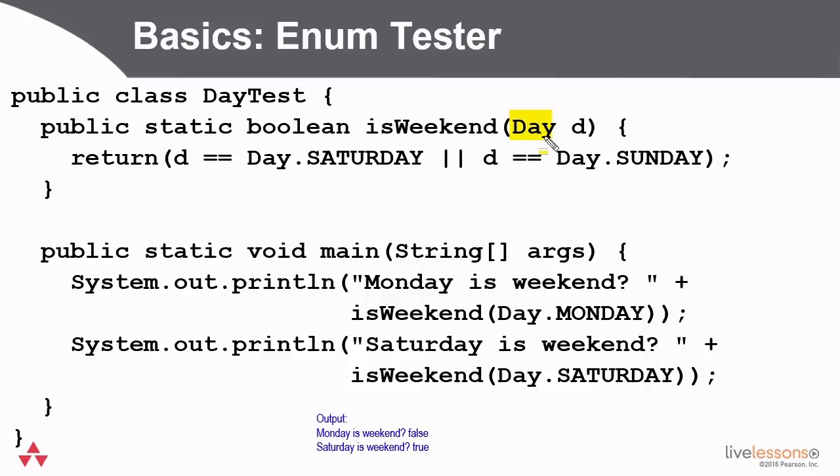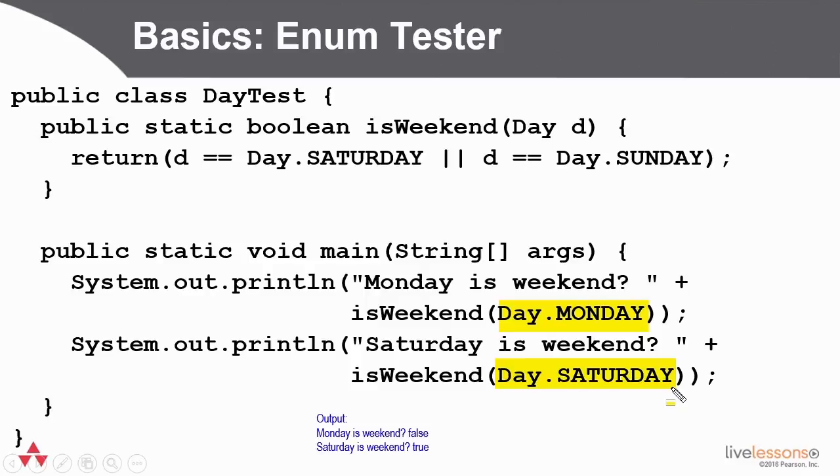So I could write a method that says, given a day, determine if it's the weekend. Well, it's easy to do comparisons with enums. You can use equals equals. So I can compare to Saturday and compare to Sunday. And so I could pass in Monday and it'll say, no, it's not a weekend. Or I can pass in Saturday, and it'll say, yes, it is a weekend.